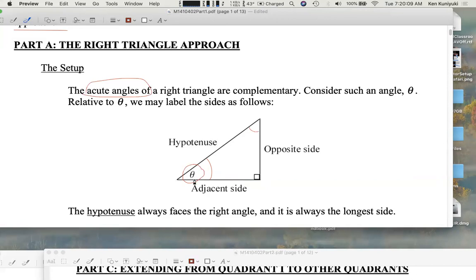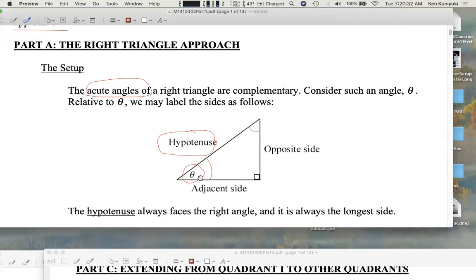The angle itself consists of these two line segments connected at this common point. The adjacent side is one of the legs of the right triangle. The two legs are perpendicular to each other on the right triangle. The hypotenuse is the longest side of the right triangle.